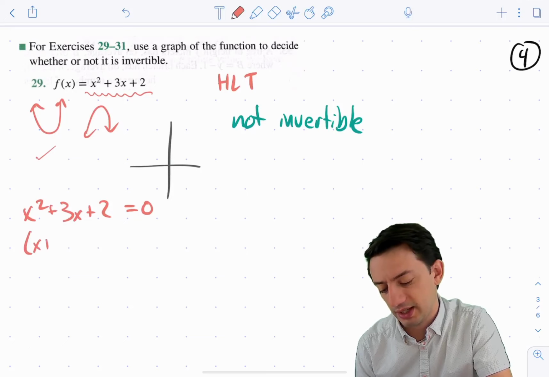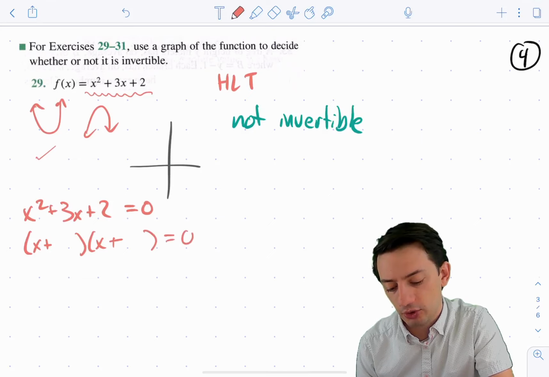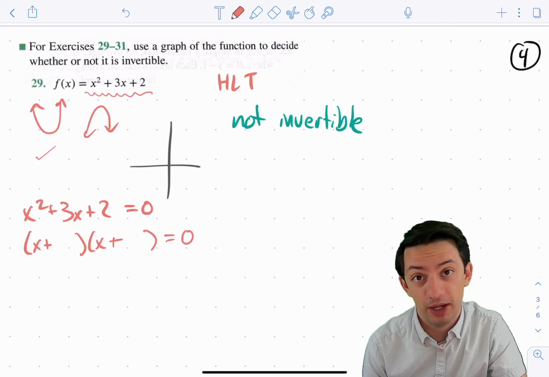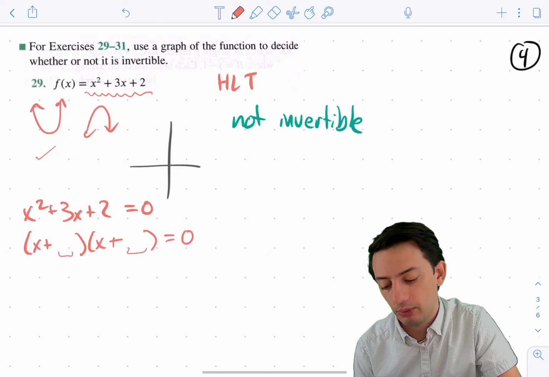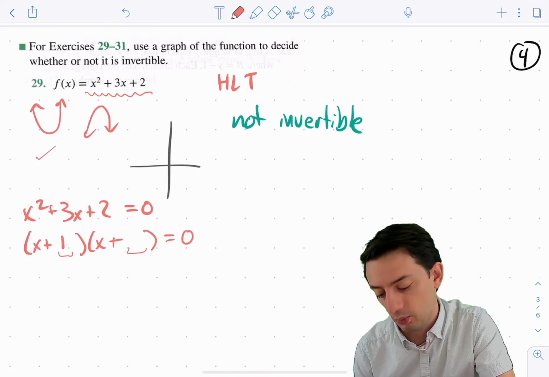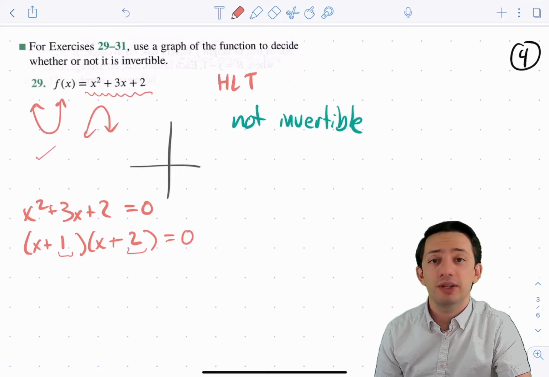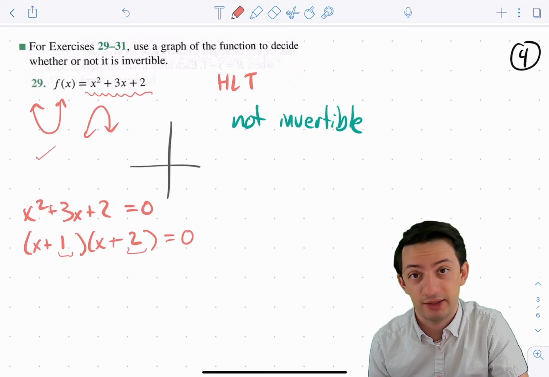We want something like x plus something times x plus something, and you normally spend a lot of time on this in pre-calc. So right now we won't go over the details, but if you think about what I can put here and here that will multiply to give me 2 and add to give me 3, you get 1 and 2. If you don't remember how to do this, you could always use the quadratic formula and you'll figure out where it crosses the x-axis.